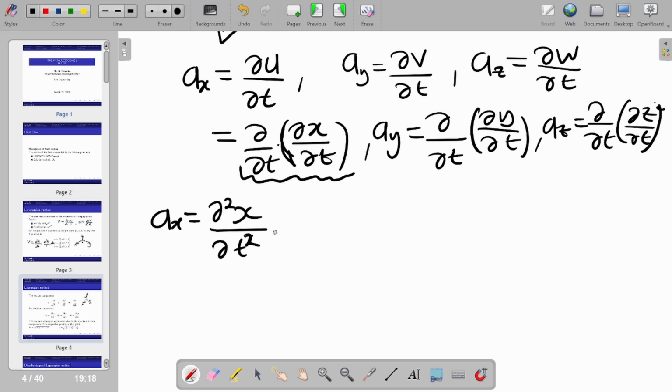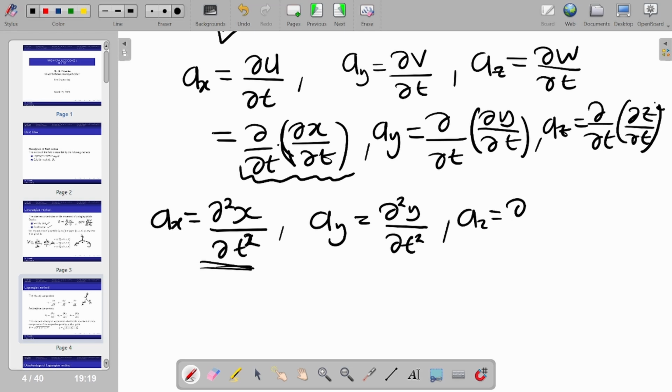This is an indication that you are differentiating the displacement two times, partial 2 of x, so you are differentiating it twice. The same way here, for y you're differentiating the displacement twice with respect to time. Also z, you differentiate twice with respect to time.